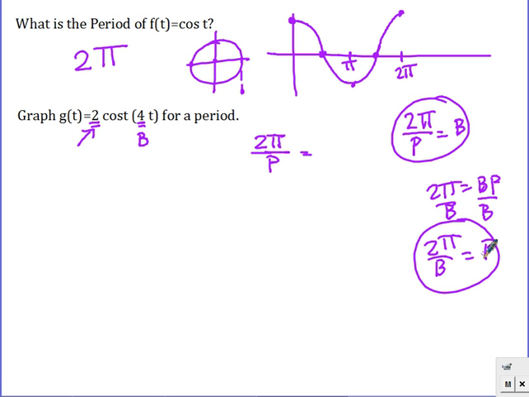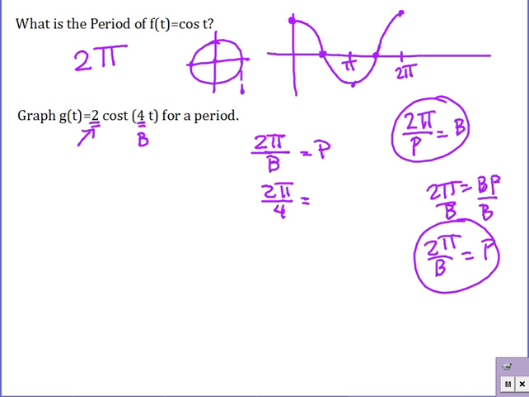Okay, all right. So maybe this way is a little easier, and maybe Mr. Zaklik has already shown you that, but let's go ahead and do that, because that'll be even easier. So we're going to take 2 pi and divide it by b to find our period. So 2 pi divided by 4, all right, sorry, I'm recording this on Thursday afternoon.